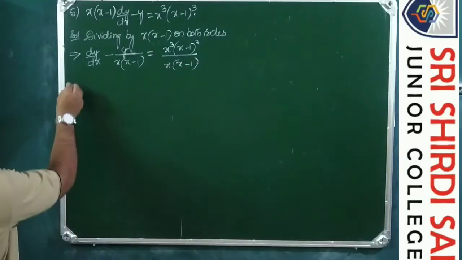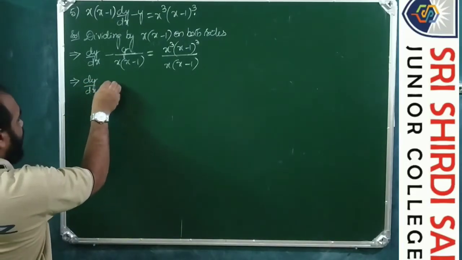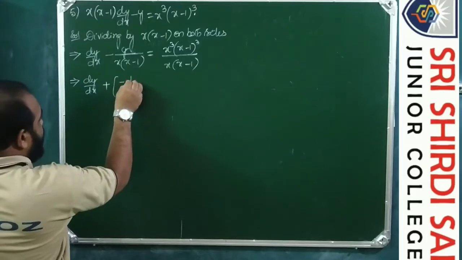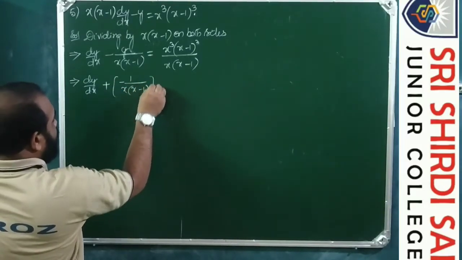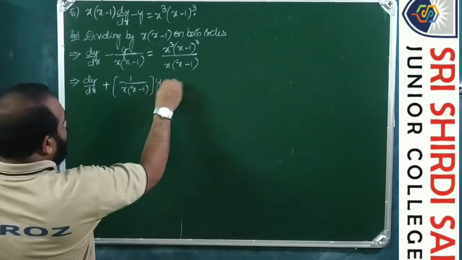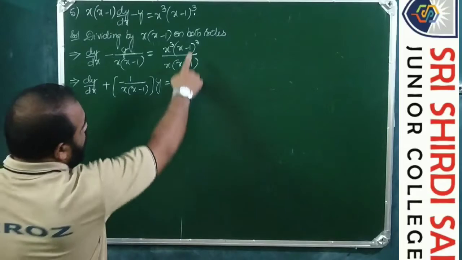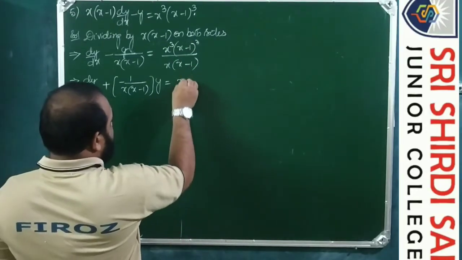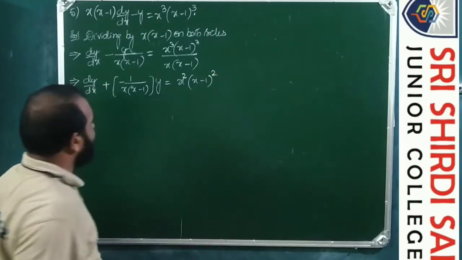So this is dy by dx plus minus 1 by x into (x minus 1), into y, is equal to x cube by x, which is x square, and (x minus 1) whole cube by (x minus 1), which is (x minus 1) whole square. This is x square into (x minus 1) whole square.